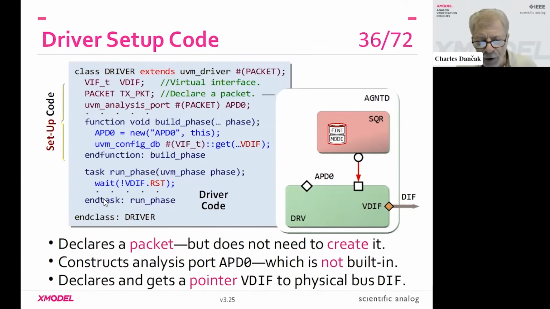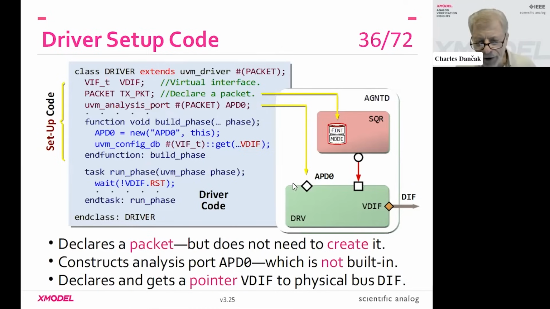So we need to declare a packet first. It's of packet type. On the driver side, we refer to it as TX packet. We're not only sending this from sequencer to driver, but also forwarding the same data on up to the scoreboard for evaluation.